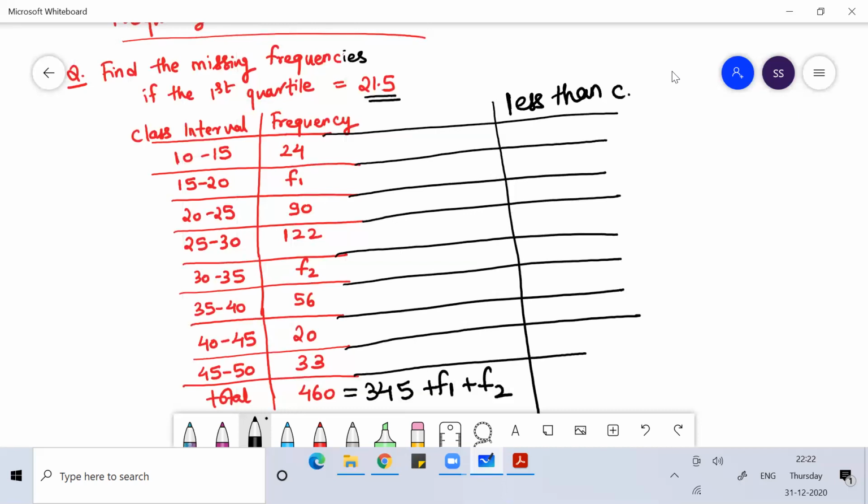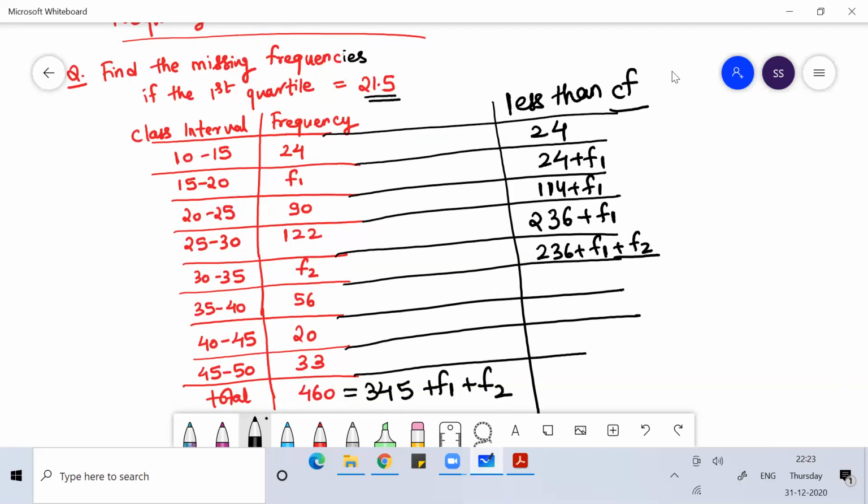If I write the less than cumulative frequency, then this would be 24, then this would be 24 plus F1, then this would be 114 plus F1. Okay, then this would be 122: 4 plus 2 is 6, 2 plus 3... 236 plus F1, then this will be 236 plus F1 plus F2.